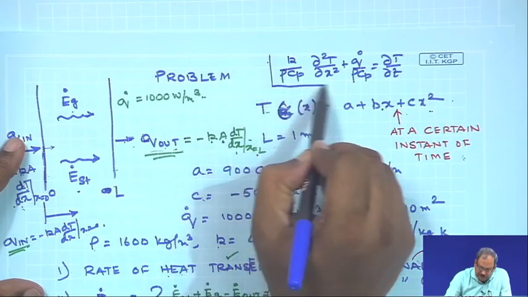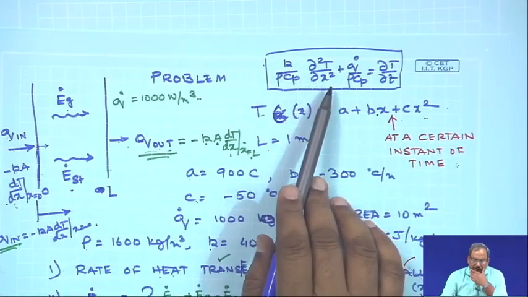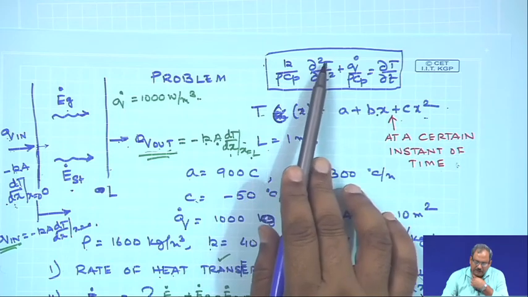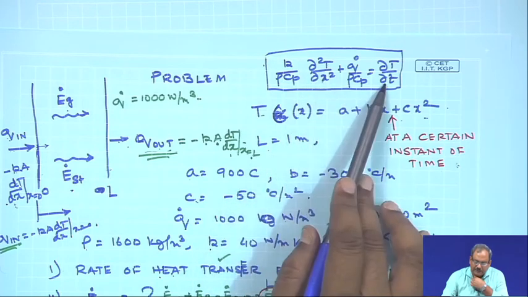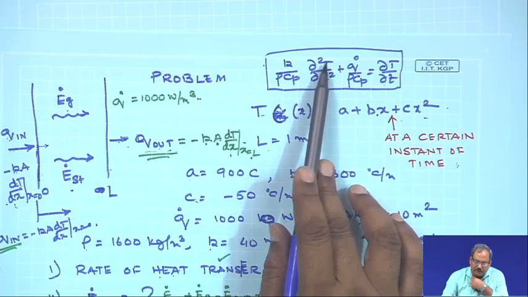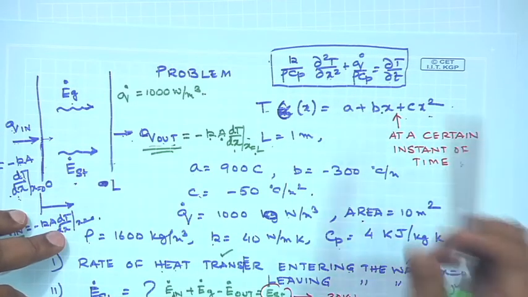This is the form of the governing equation which you would obtain by writing the energy equation and cancelling the terms, since T is a function of x and time. All the terms, del 2T del y square and del 2T del z square, will be set to 0.